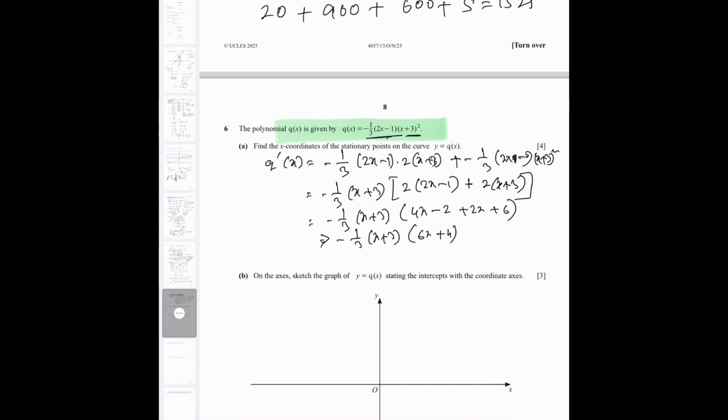Now if this equals 0, x equals minus 3 and x equals minus 4 by 6, that is minus 2 by 3. Okay, these are the x coordinates.